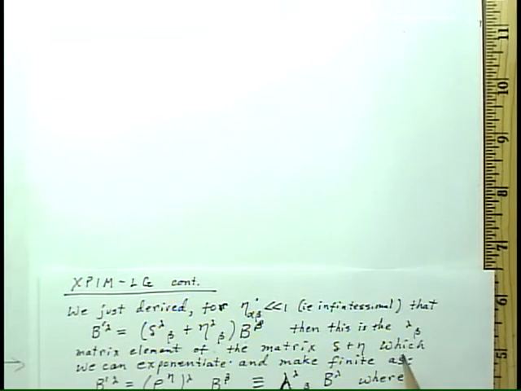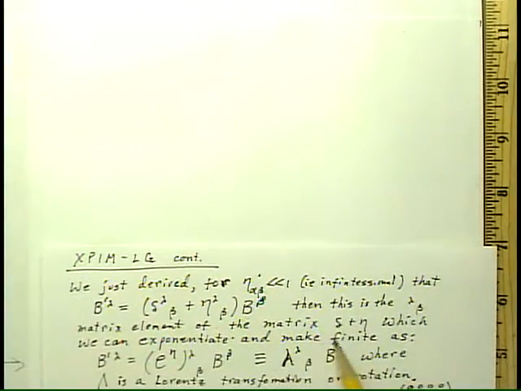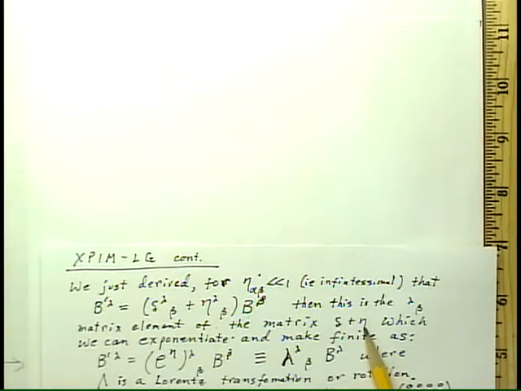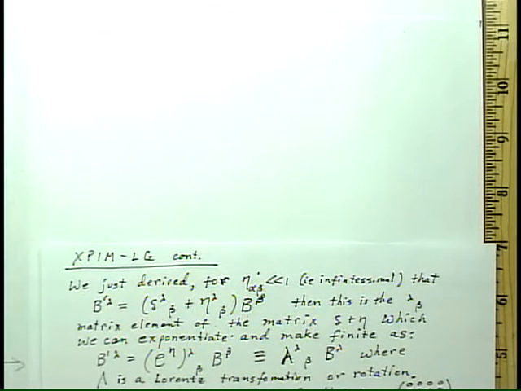Then this is the lambda beta matrix element of the matrix delta plus eta, which we can exponentiate and make finite in the following way.